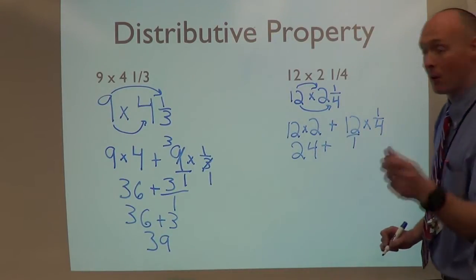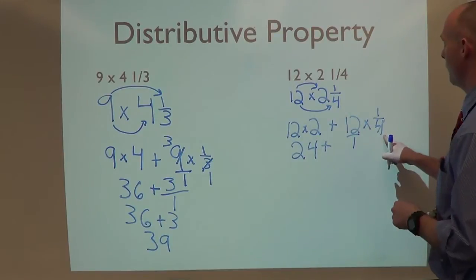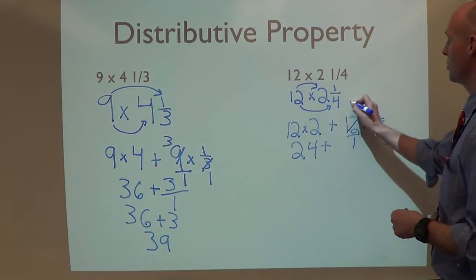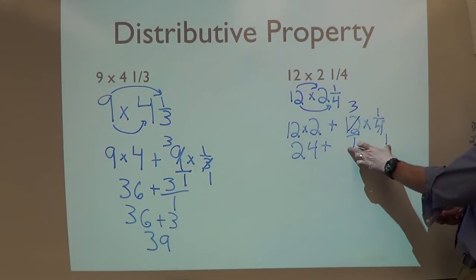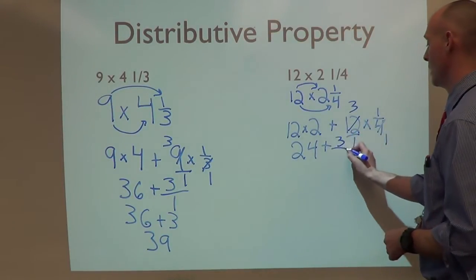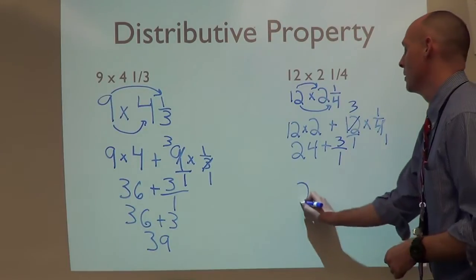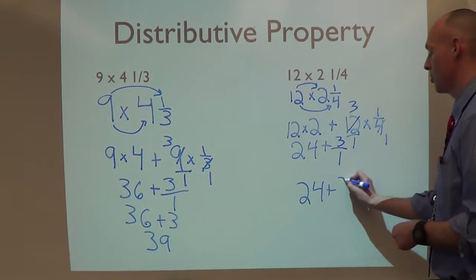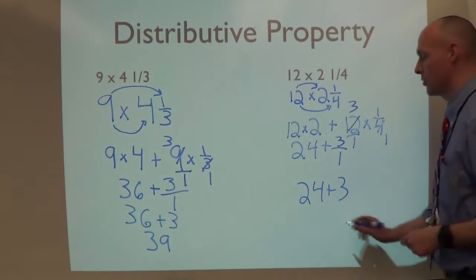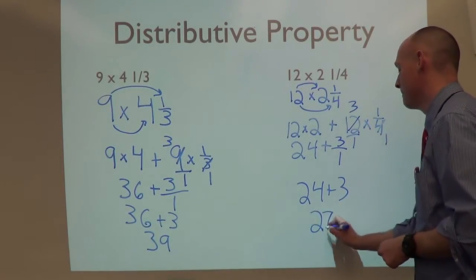Let's simplify before we multiply. 4 goes into 4 once. 4 goes into 12 3 times. So it's 3 times 1 is 3 over 1. 24 plus 3 over 1 is just 3. 24 plus 3 is 27.